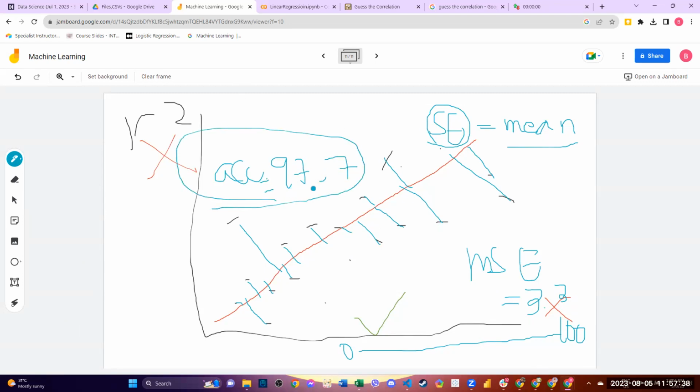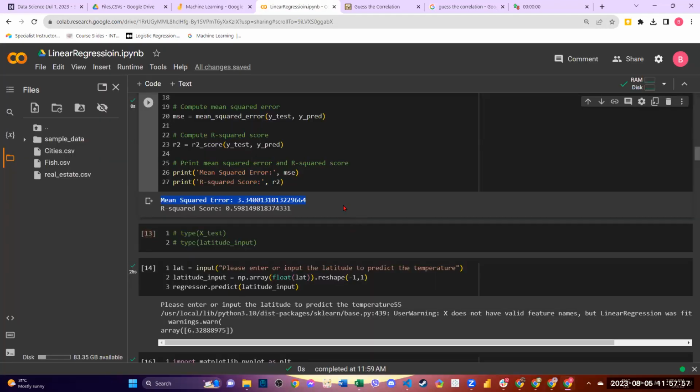It's better. It's 97.7. So our total R squared is 97.7. Did you get that?